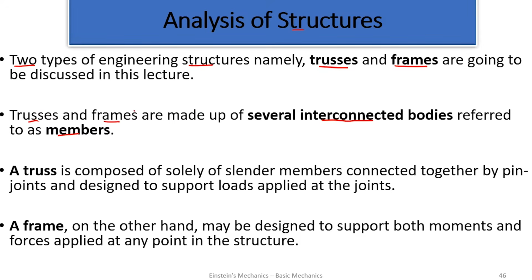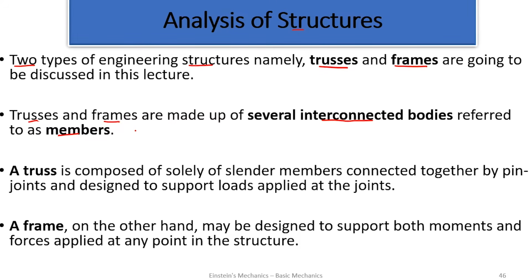Here it is telling us that a truss and a frame are made up of several interconnected bodies, meaning several parts come together to form a truss and a frame. Each part or each body is called a member. So together they form the members of the truss.